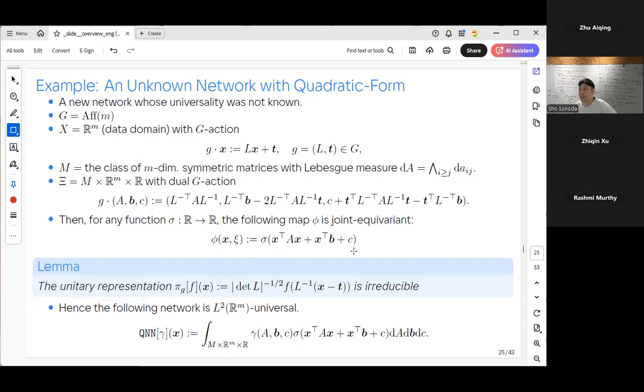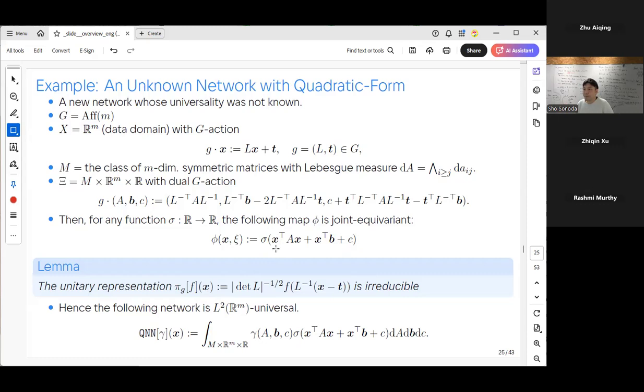This form is a slight modification of a fully connected network. I mean, x transpose b plus c. This part corresponds to an ordinary fully connected network. And in addition, it has a second order term, or a quadratic term, right?